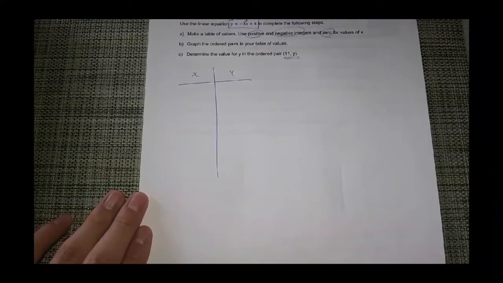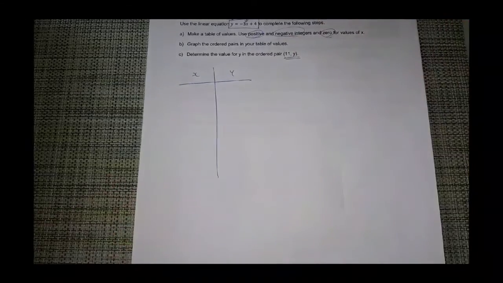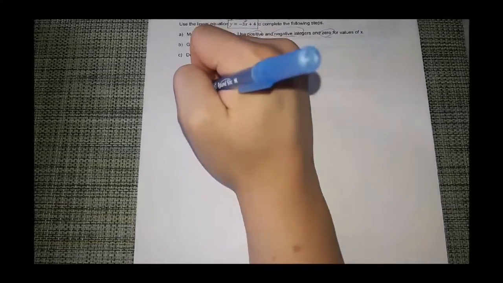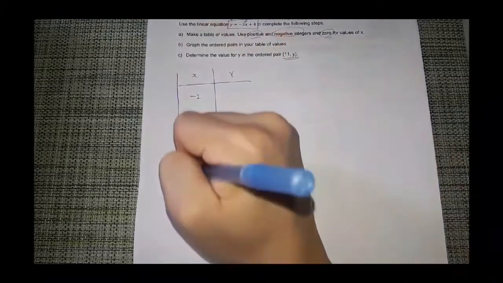The only thing that I have to be careful about is, as you may notice, negative integers, 0, and positive. We have to find both situations. So it doesn't matter what number you choose, but probably I'm going to go negative 2, negative 1, 0, 1, 2, something like that.